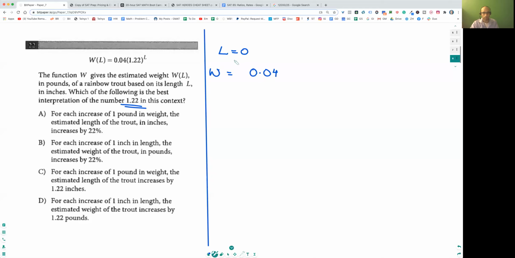Now if the length is 1, the estimated weight is now 0.04 times 1.22. So this was the original value and this is the new value. All you need now is the percent change.